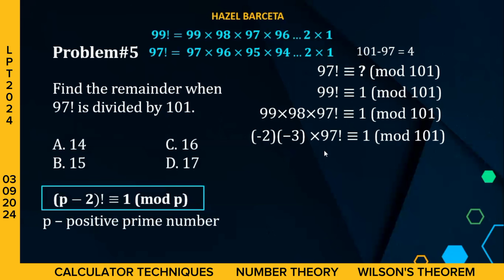Then, copy na po natin ito, then ito. We need to simplify. Negative 2 times negative 3, like signs, ang product po nila ay positive. So, 2 times 3, we have 6 times 97 factorial, copy na lang po natin.